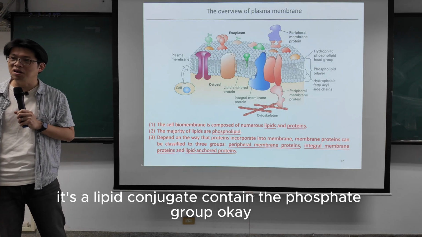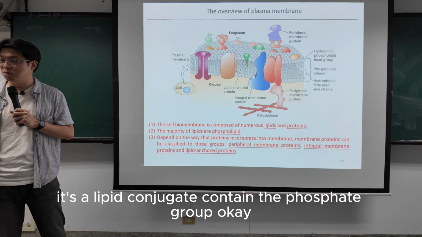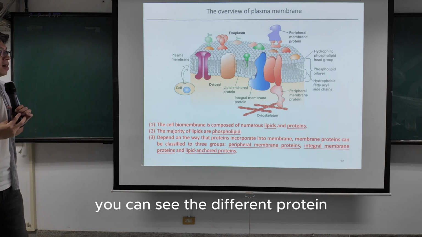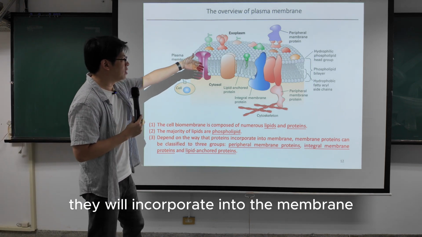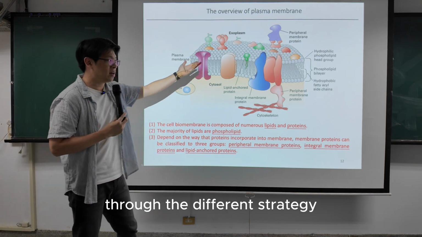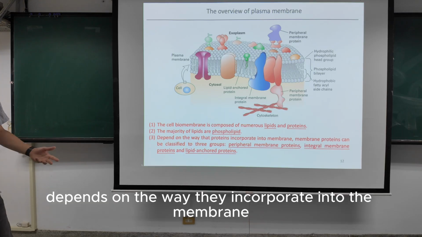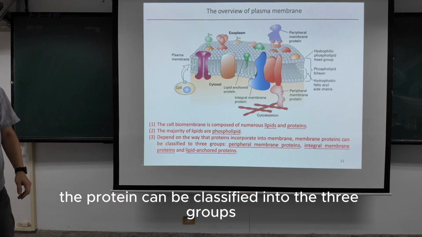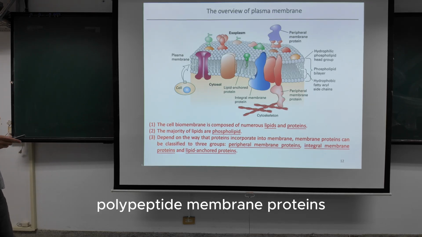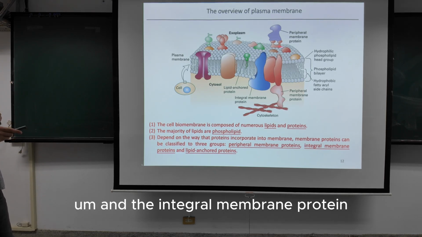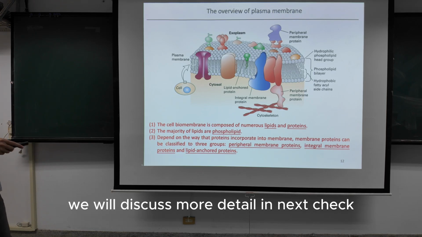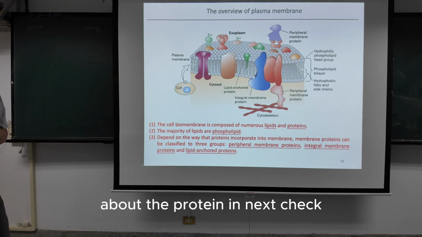It's a lipid conjugate containing a phosphate group, so we call it phospholipid. Different proteins incorporate into the membrane through different strategies. So the proteins can be classified into 3 groups: peripheral membrane proteins, integral membrane proteins, or transmembrane proteins, and lipid-anchored proteins. We will discuss the proteins in more detail in the next chapter.